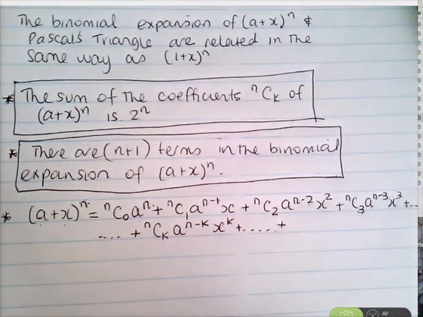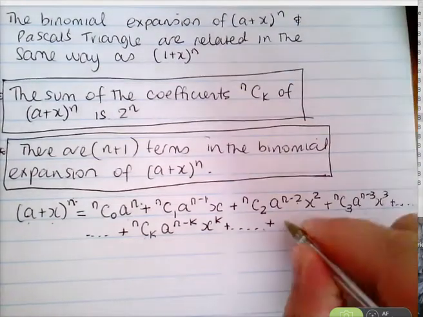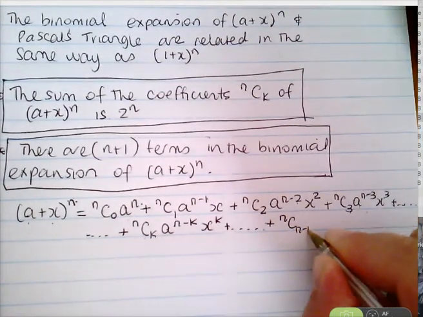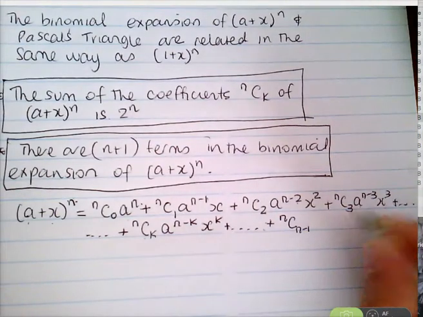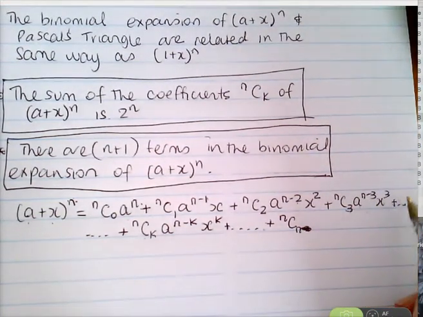Plus, I'm going to do now the second last term and the last term. You don't have to do the second last term, but I'll just do it. Actually, it will get a bit messy, because then we've got n minus 1.